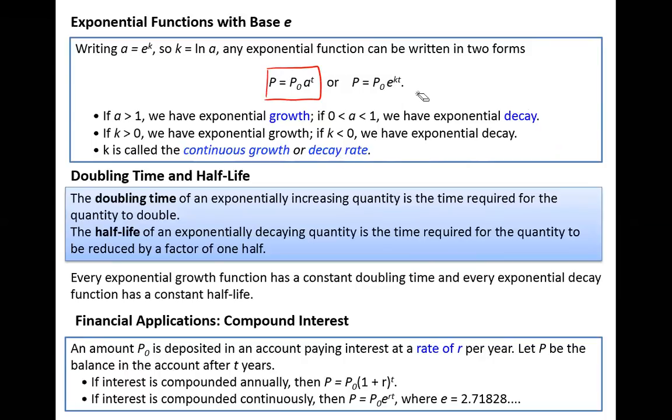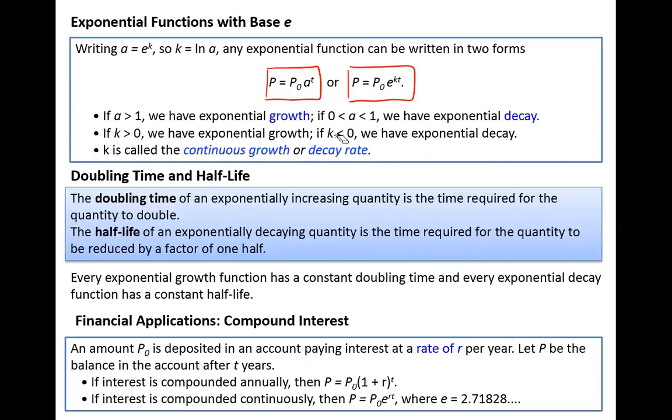Yeah, we have a little bit different. We will compare these two functions in a minute. And the same thing, if that coefficient k is positive, greater than 0, it's always exponential growth, because it will be e to the power of 1, 2, 3, 4, 5, 6, whatever positive number, or even, of course, fractions.